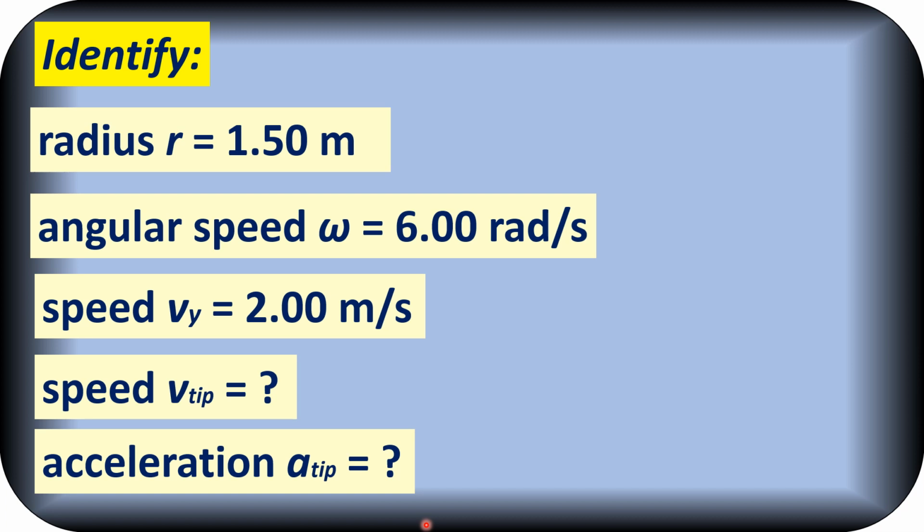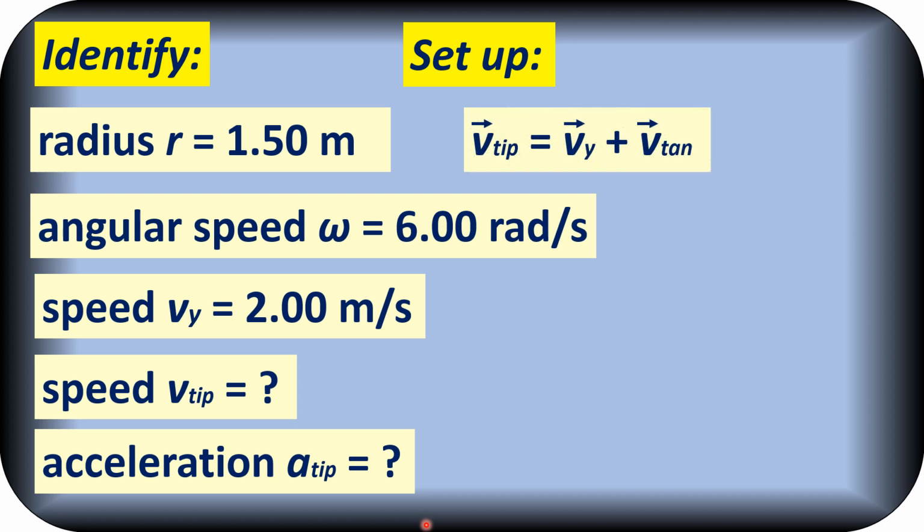So how do we go about determining these two target variables? The actual linear speed v sub tip will be computed based on the fact that v sub tip is equal to the vector sum of the vertical velocity of the particle v sub y and the tangential velocity v sub tan, where this tangential velocity is just the product of the angular velocity omega and the radius r.